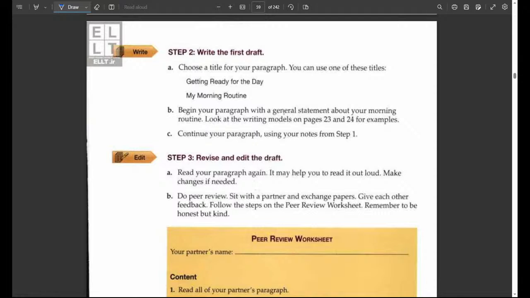Begin your paragraph with a general statement about your morning routine. Look at the writing model on page 23, 24, for example.